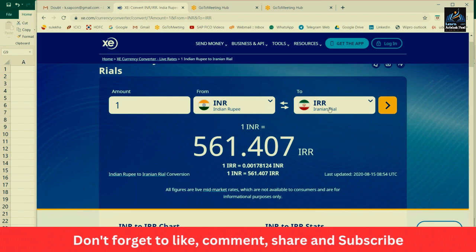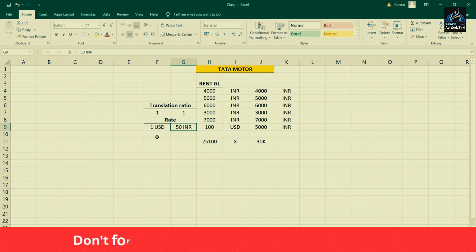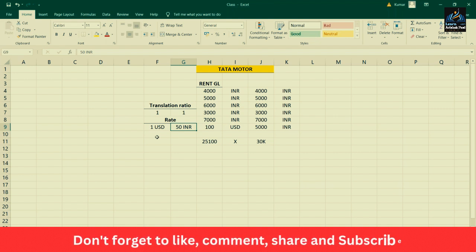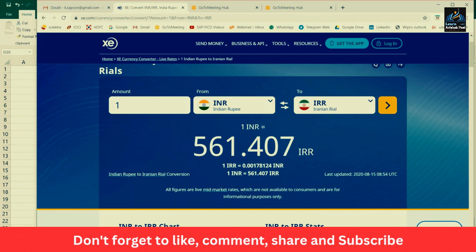So Iranian currency is the foreign currency. Let's suppose here 1 unit of foreign currency equals the total units of local currency. But in the case of Iranian currency, I'm talking about 1 unit of INR, 1 unit of Indian currency equals this 561.